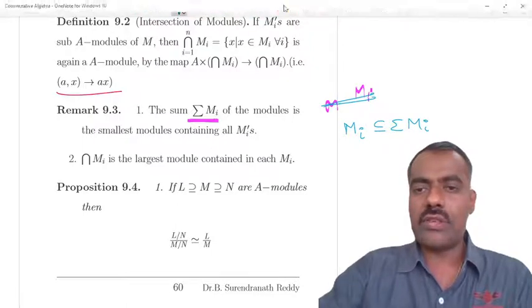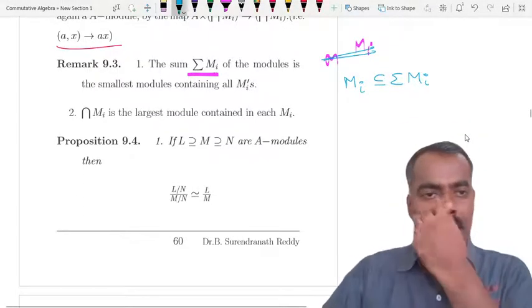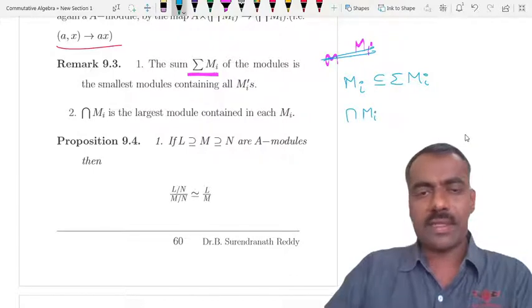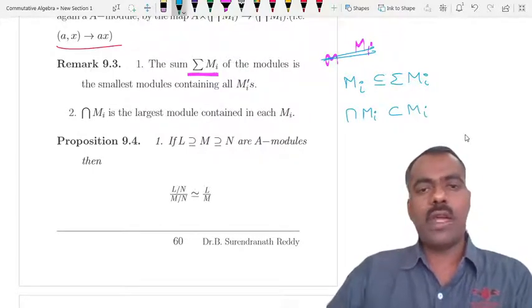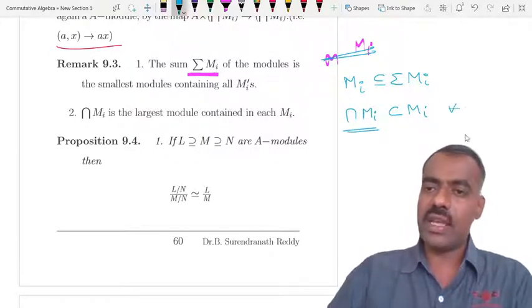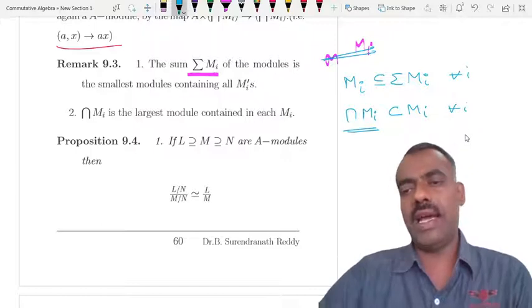And the intersection of Mi's is contained in each Mi, so it is the largest one which is contained in every module Mi.